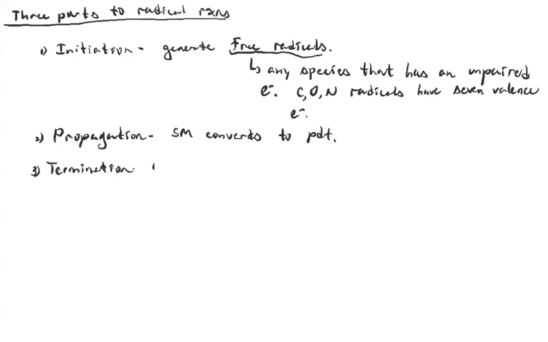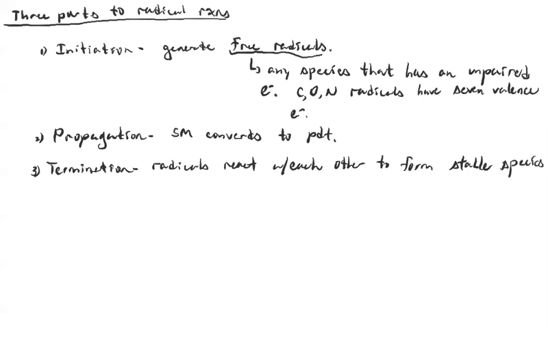And this is where 2 radicals are going to react. So in a termination step, 2 radicals will combine to form a stable species. Hopefully, as we go through this, it will start to make more sense.